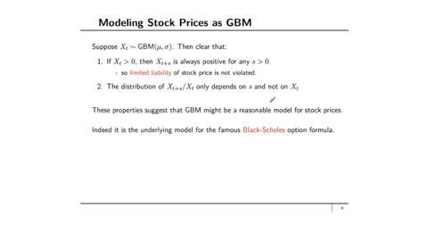A couple of observations about geometric Brownian motion. It is clear, number one, that if xt is greater than 0, then xt plus s is always positive for any value of s greater than 0. And again, let's write out equation 10 here just to see this more clearly.